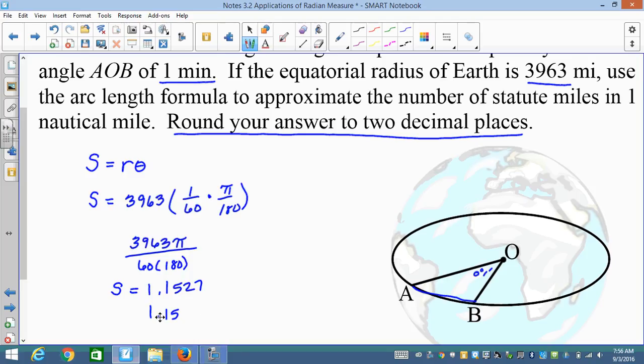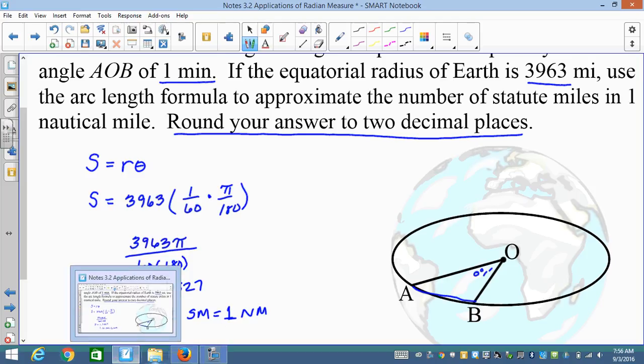So there's 1.15 statute miles equals 1 nautical mile. And there you have it.